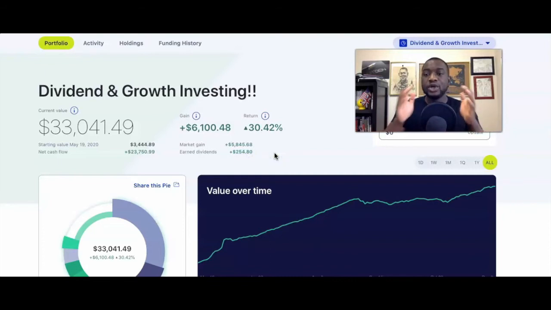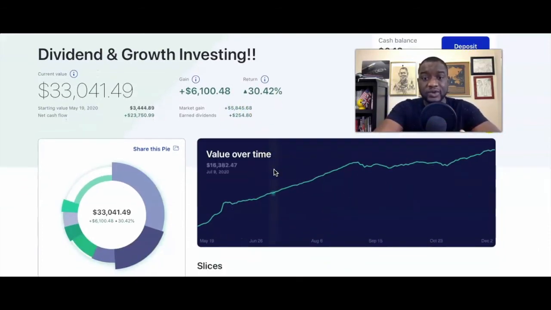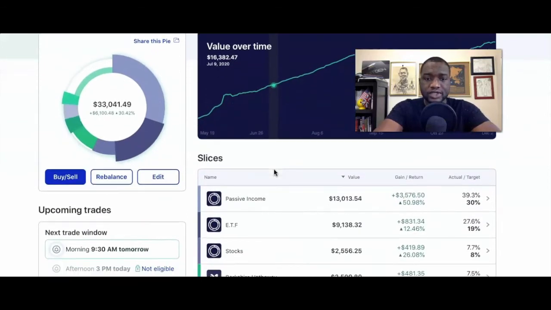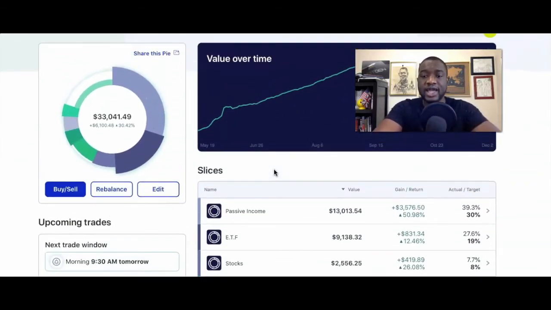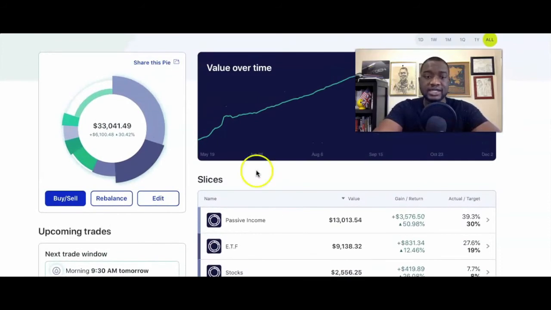I said $1,000, no, $254. So this $254 is not taxable. I don't pay taxes on this because it falls under the $39,000 when it comes to the tax bracket for dividends. So I don't pay taxes on this, as far as I know anyways. So that is that.